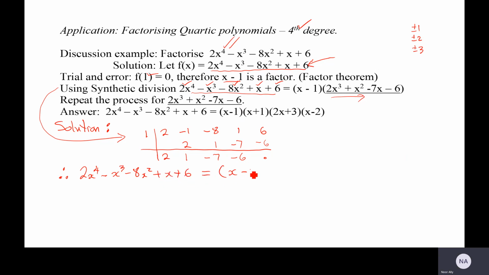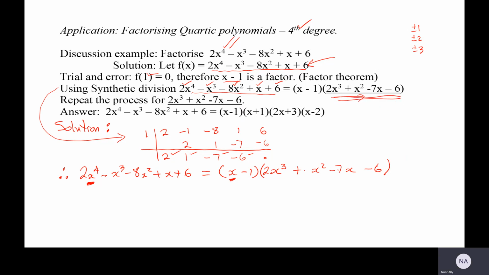And that will be equal to my divisor multiplied by a cubic. Now remember, this is x to the power 1, and that's x to the power 4, so this must be an x cubed. I have to have an x squared, an x, and the constant term. So I must have 1, 2, 3, 4 coefficients. There you go: 2, 1, minus 7, minus 6, and no remainder, which you see exactly the same here.